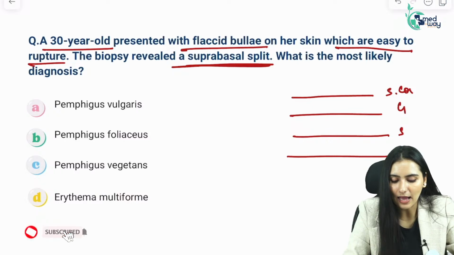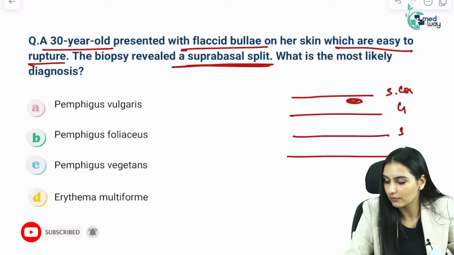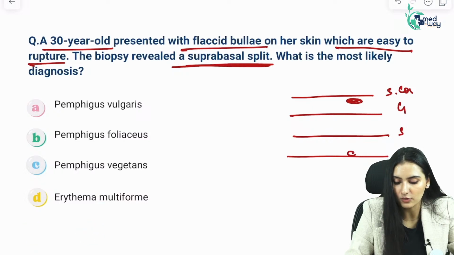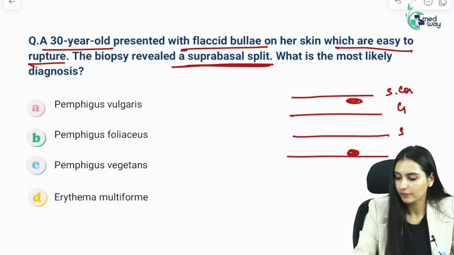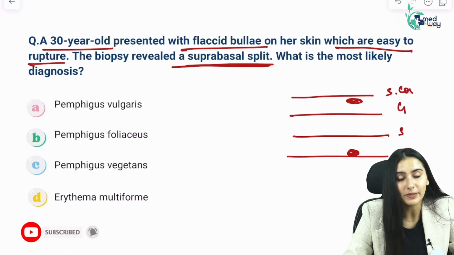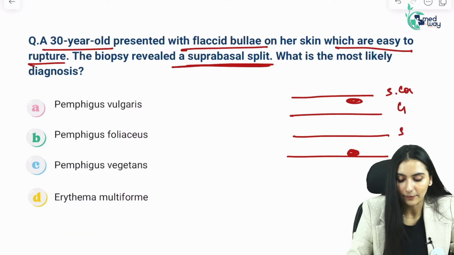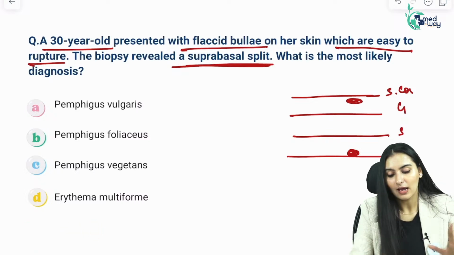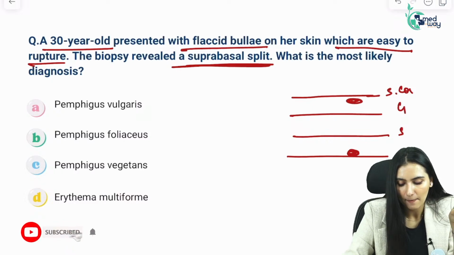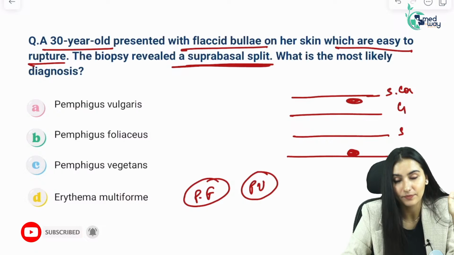Corneum, granulosum, spinosum, basalis. Now either you can have a subcorneal split or, I hope this is visible, a suprabasal split. Okay? Yeah, it's visible. So subcorneal split and suprabasal split. Okay. Now, there are 2 diseases, pemphigus foliaceus and pemphigus vulgaris.